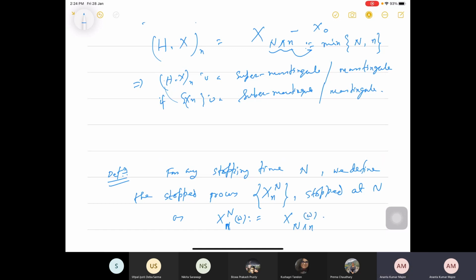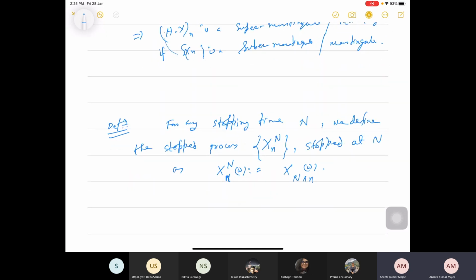Okay, so this is the stopped process. So you see that if my N is finite almost surely, then this makes sense. So I have a stopping time N which is finite almost surely, so that I can define this stopped process.